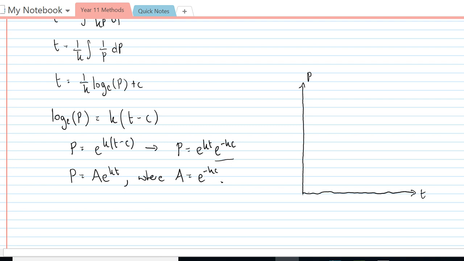And well, from here we can see that it's going to have a y-intercept of a, and it's an exponential graph, so we know it would go roughly like this, and then it's going to increase exponentially. It's going to go up quite quickly like that. And that's about all that we really need to do for it.